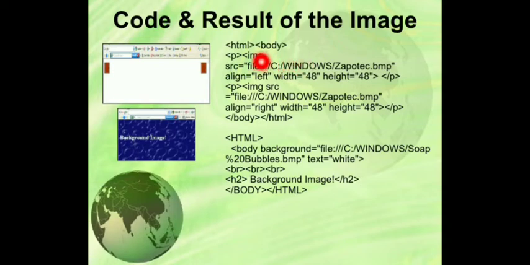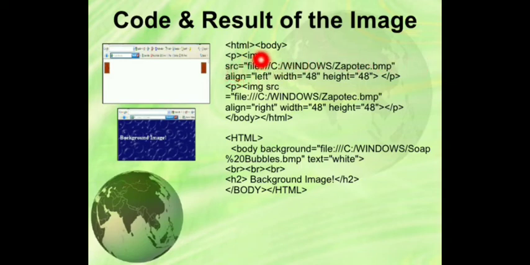Now let's see a small example. Here it is HTML body, then a paragraph P, img src. The line is very lengthy, so it has automatically come in the next line, otherwise you have to write this in a single line in the notepad file.